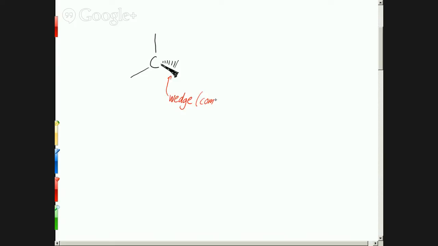That's the one that's coming out. And we call this a dash, or hash sometimes. And that's the one that's going back.